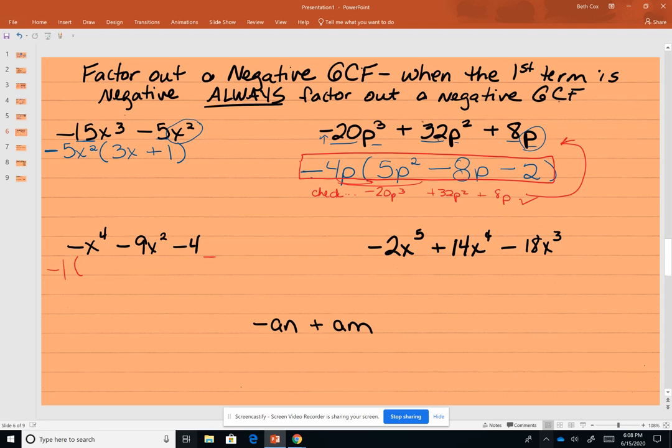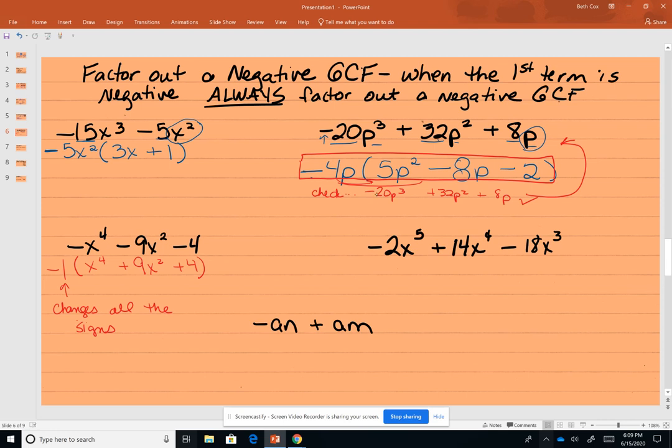And so that's going to give me an x to the fourth, a positive 9x to the second, and a positive 4. So really all this does is it changes all the signs. We kind of did this earlier. Again, you can think about that. So that's the answer there.